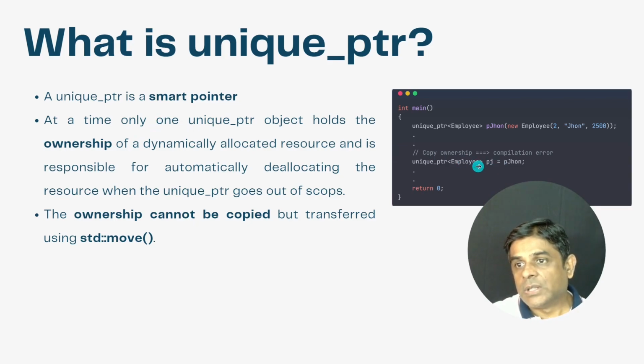That means only pjohn holds the ownership of this memory location. We cannot copy pjohn to another unique pointer. We can transfer the ownership, which we will see when we do coding on unique pointer. So this will give a compilation error.